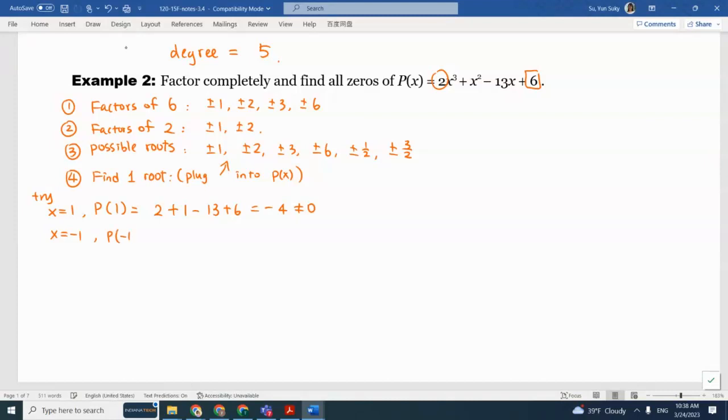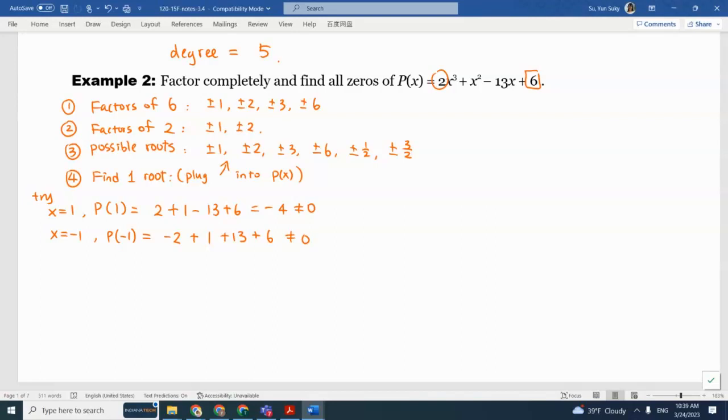So P of negative 1 is negative 2, yes, negative 1 cubed is negative, plus 1, plus 13, and then plus 6. Is this 0? No, of course. We get a lot of positive numbers, and this negative number is too small, so it won't be 0.